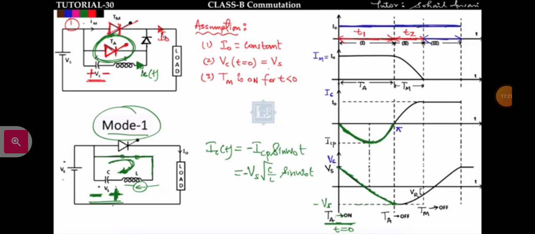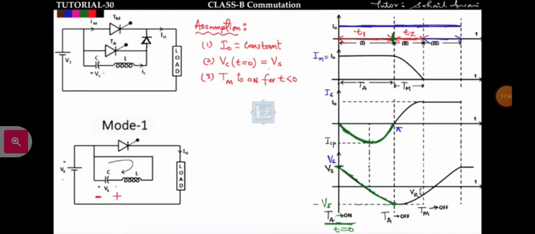The voltage across the capacitor will be minus Vs. This is the ending part of mode 1. Mode 1 will be from 0 to T1 only. For the T1 duration the capacitor current will be like this, and the capacitor voltage will drop from plus Vs to minus Vs, and it will reach minus Vs.